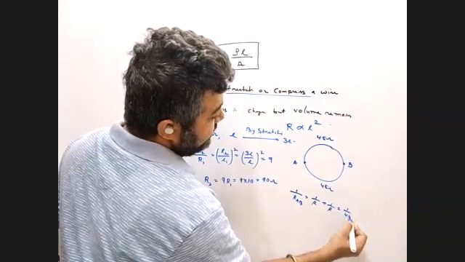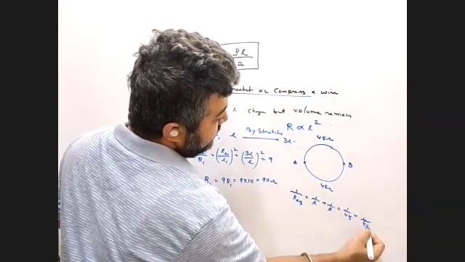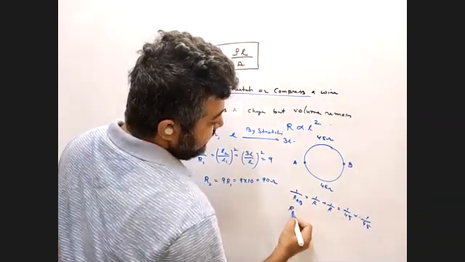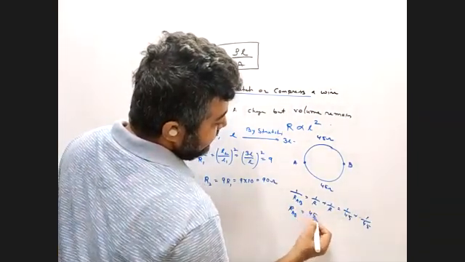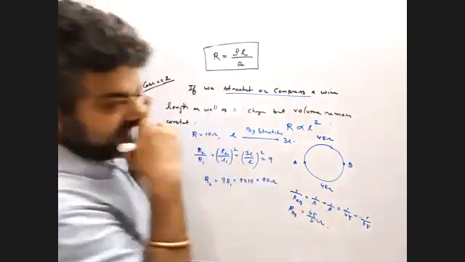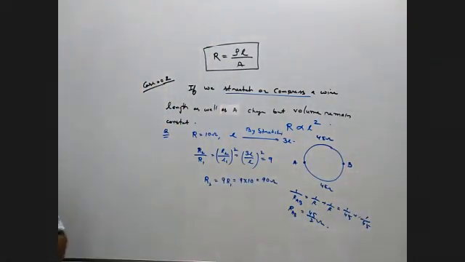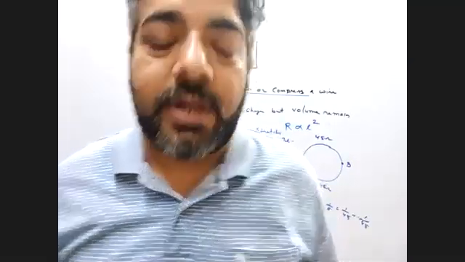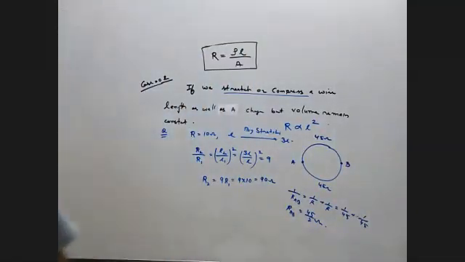So 1 by 45 plus 1 by 45, so R of AB is 45 by 2 ohm. Everyone, up to this, is it okay? Okay. Now, case 3.